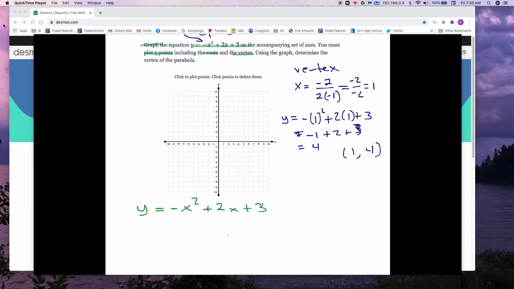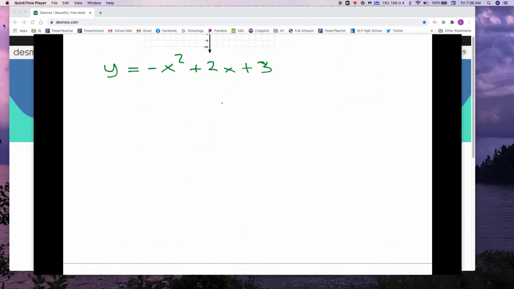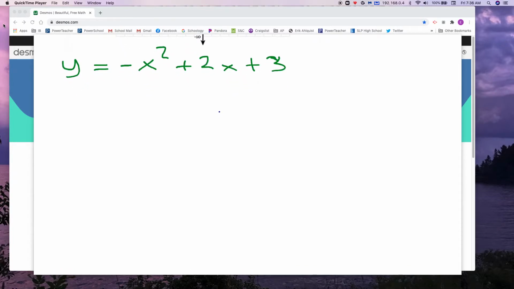Now, I'd like to take that negative out in front. I'd like to factor that negative out. I want to get this into intercept form, so I'm going to start by writing this and factor out a -1, because now I know exactly what a is.